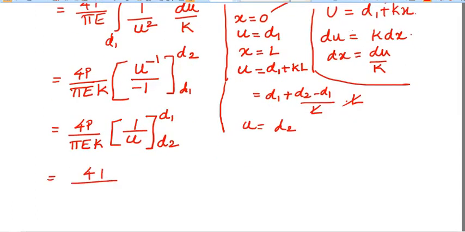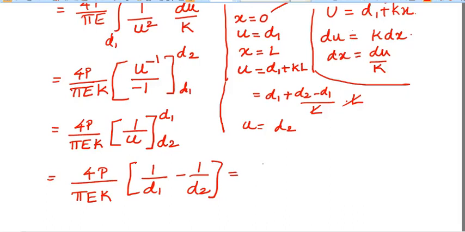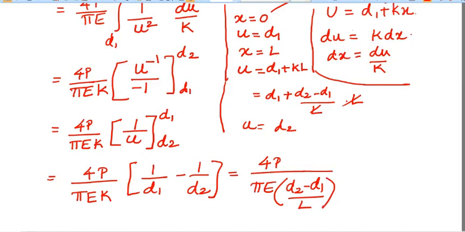I will be getting 4P divided by pi E k into (1 by D1 minus 1 by D2). What is k? K is (D2 minus D1) by L. When you solve the values inside the bracket, I will be getting (D2 minus D1) divided by D1 D2.